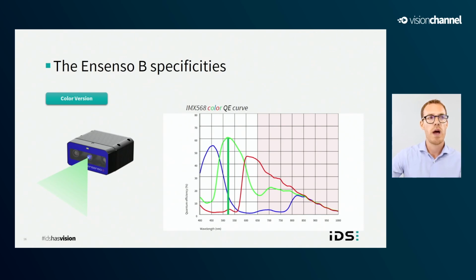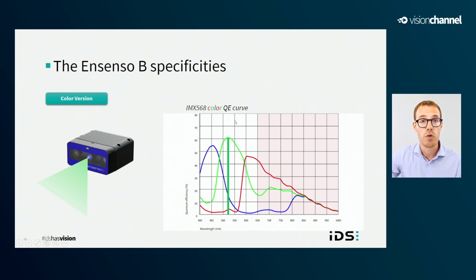As you can see on this graph, the IMX568 that we use in this camera is more sensitive to green. This is quite common with color sensors. The green projector permits us to achieve high contrast imaging within a short exposure time, thus increasing the maximum frame rate that we can reach with this camera.